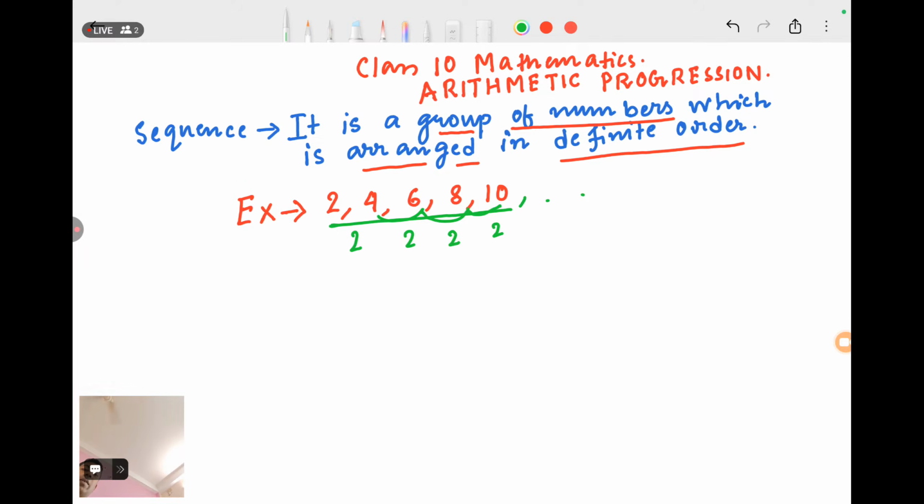So the next number is greater than the previous number by 2, and 2, 4, 6, 8, 10, as it goes on, represents a sequence.